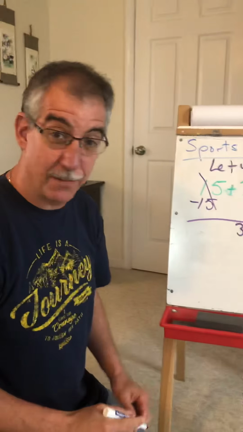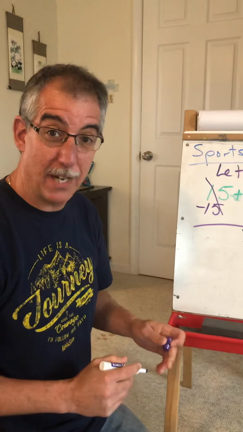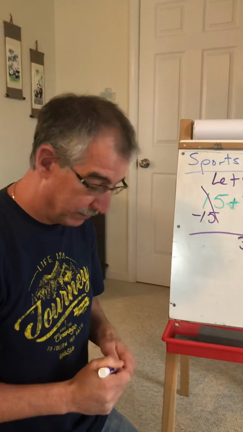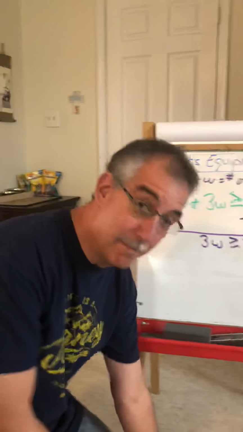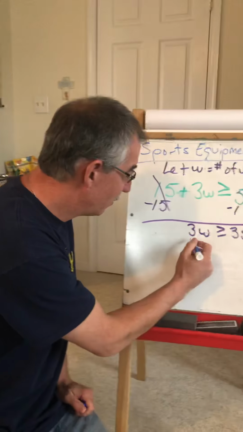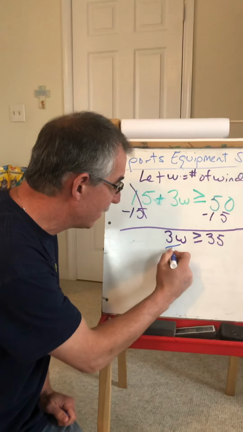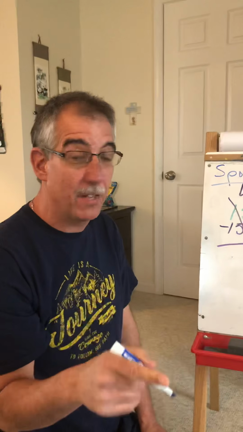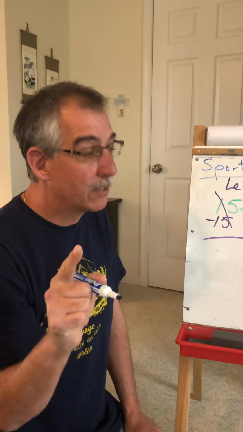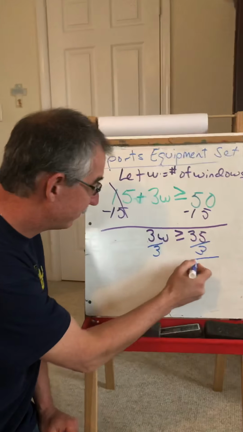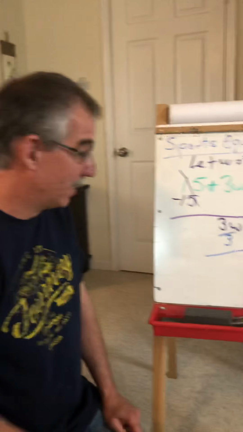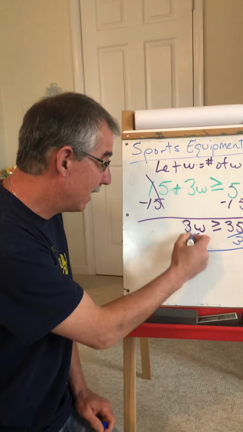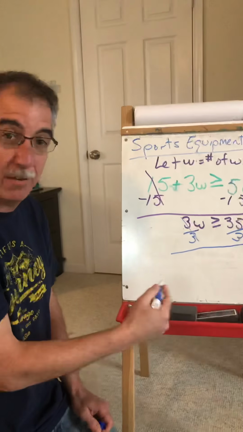Now, the next thing we have to do is get the W by itself. So what do we do? Right, we divide by 3. Excellent. So we're going to divide both sides by 3 because that's the rule. Again, whatever we do to one side, we must do to the other. Okay, now I draw my equal sign. Again, I cancel out my 3s. 3 divided by 3 is 1.